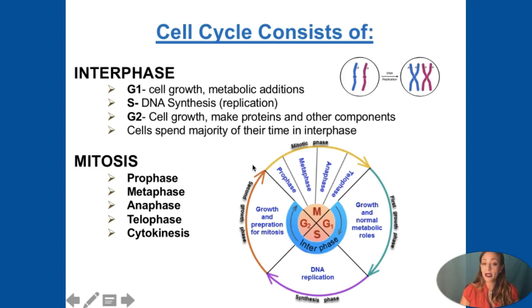Then if it passes all the checkpoints, everything's good to go, and your body says, yes, this cell can divide, it'll begin mitosis, which is this yellow arrow right here. This is the mitotic phase. You have prophase, metaphase, anaphase, and telophase, and last but not least, cytokinesis during mitosis. I like to memorize it as PMAT, P-M-A-T, and then you just have to know cytokinesis is at the end.